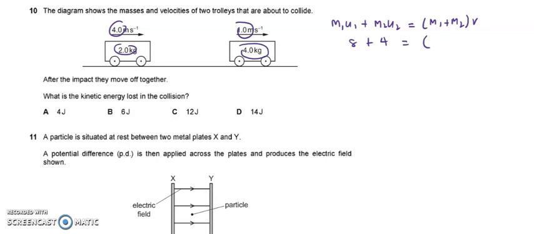So m1 plus m2, the total mass when they stick together, is 6, times v. So from here, we can get v equals 2. So finding the kinetic energy for this, add with the kinetic energy of this, and also we find the kinetic energy of the combined, then we find the difference between them. Then we are able to get the loss in the kinetic energy during the collision.